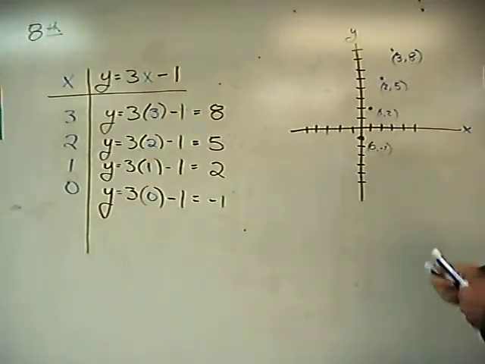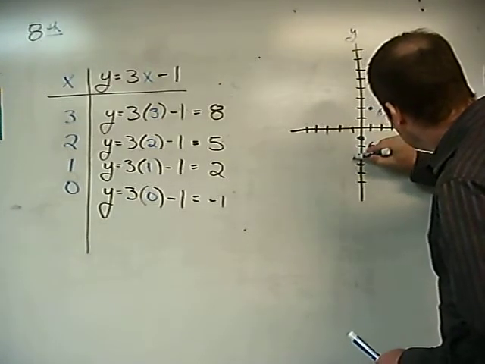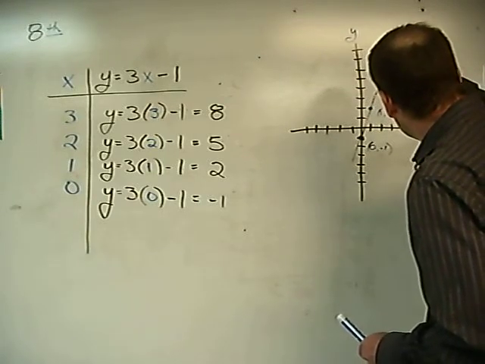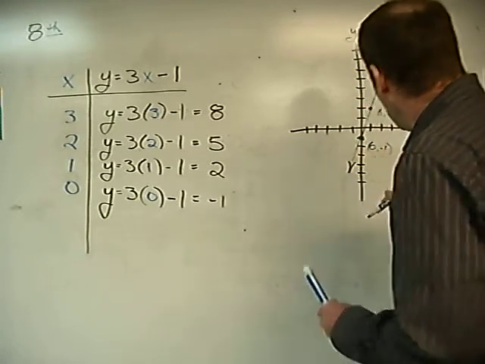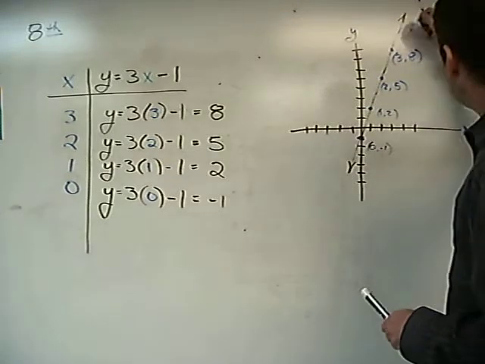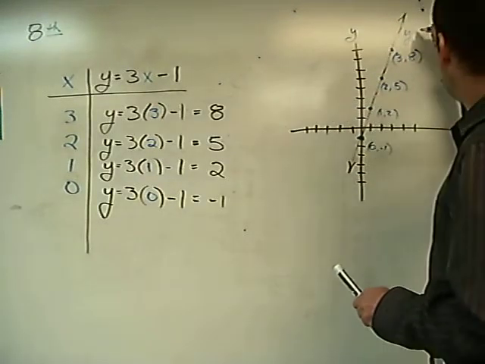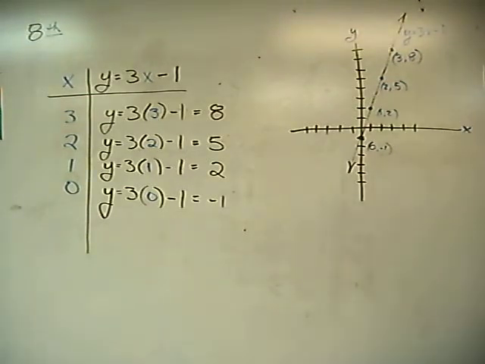If we've done our plotting perfectly, we should have a nice straight line going right through there. That line is what we wanted to plot, and that line represents y is equal to 3x minus 1.